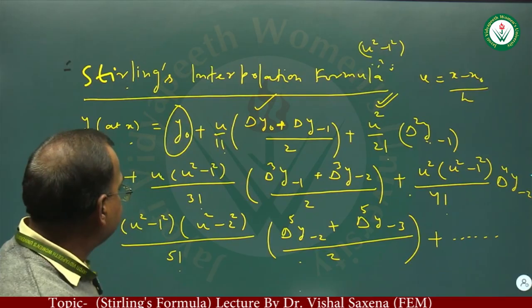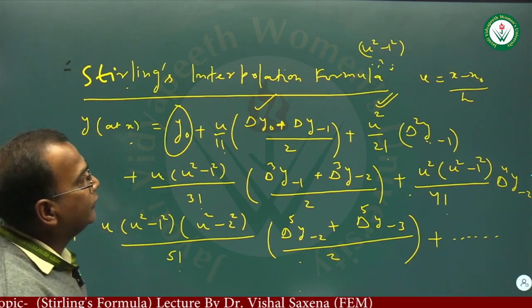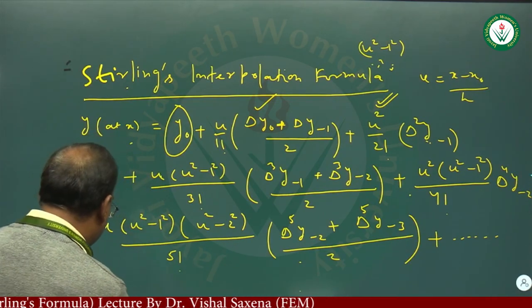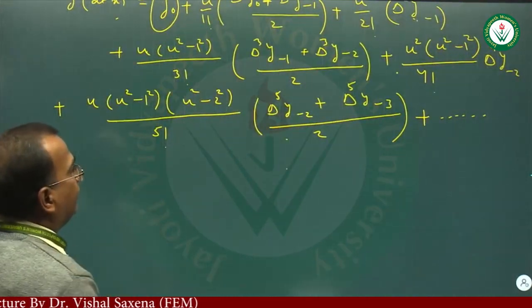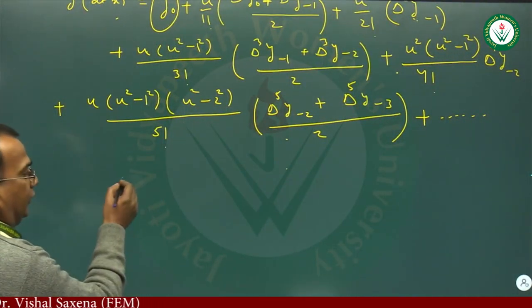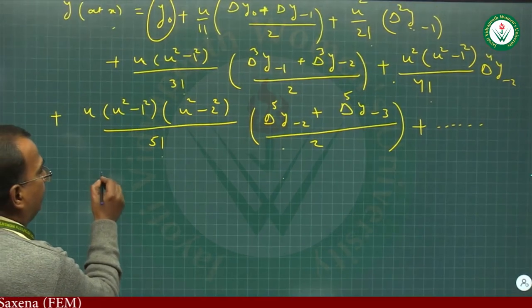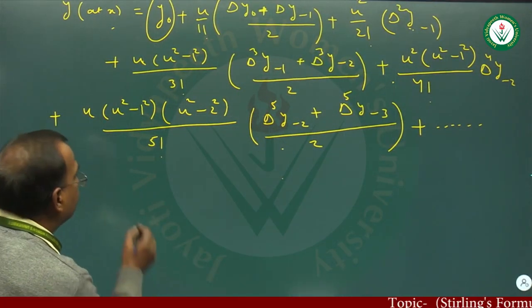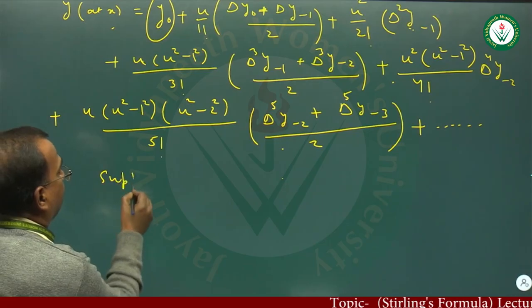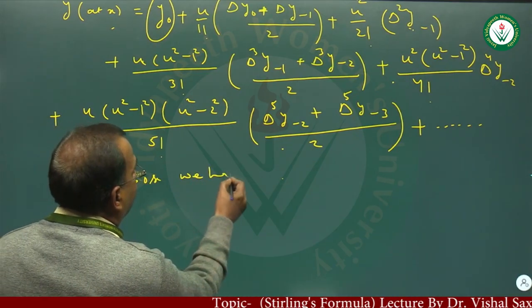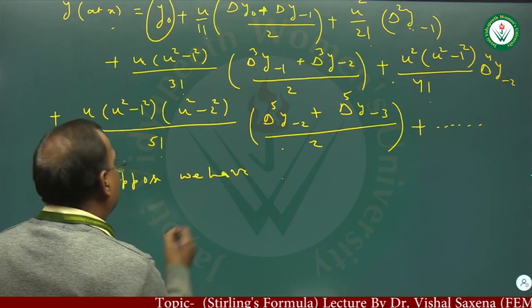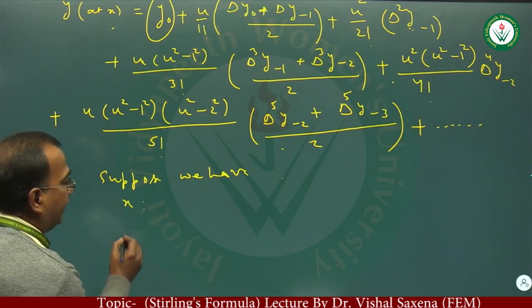So next, this is Stirling's interpolation formula, and this formula can be used here. See this one, suppose we have a table with the values of x and values of y.